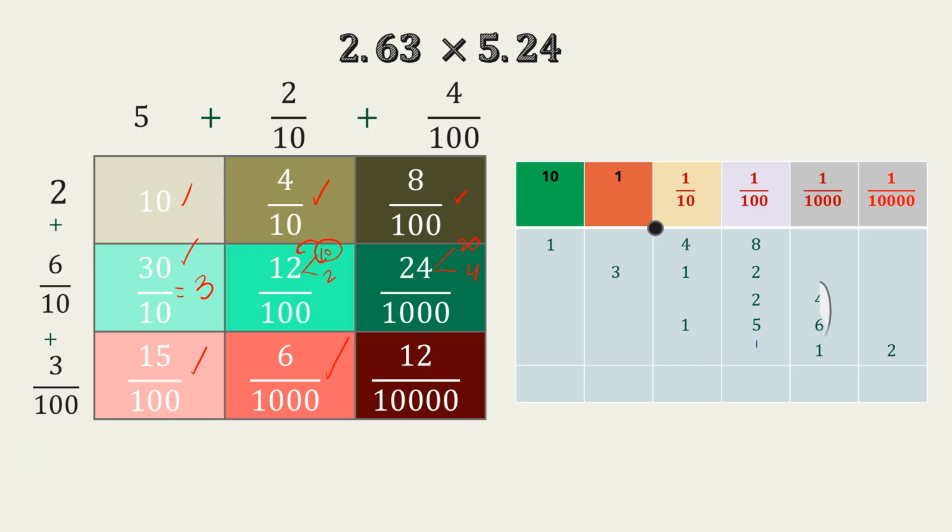Take 10 to move up. Take 10 to move up. There is no more 10, so my game is over. I'm going to go ahead and record what I have. The decimal places right here. We have 110, 3 ones, or we would say 13.7812. And that is our answer.